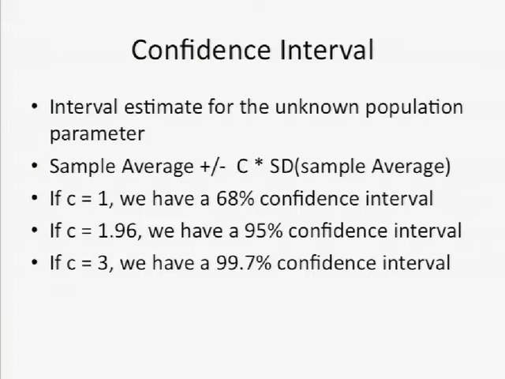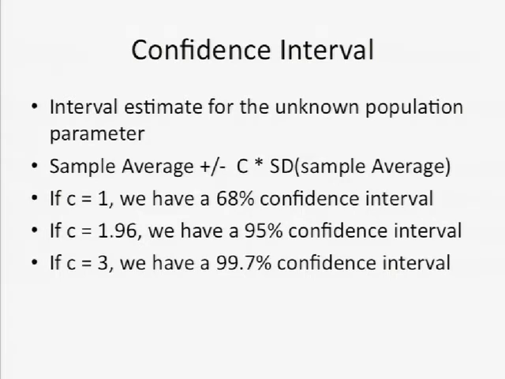If you choose 1, then you have a 68% confidence interval. If you choose 1.96 or 2, you have a 95% confidence interval. If you choose 3, you have a 99.7% confidence interval. And these percents are coming from the normal distribution, or the central limit theorem telling us that the sample average probability distribution is roughly normal.